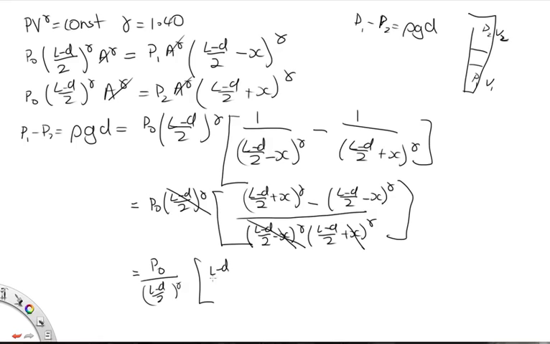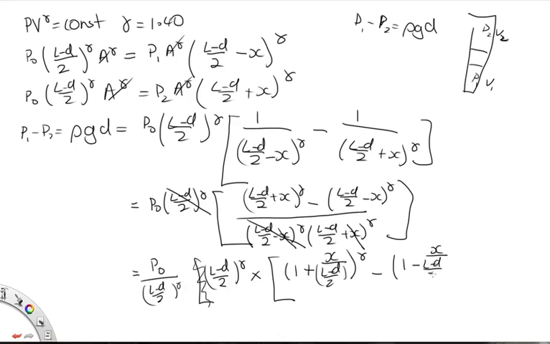So we've got (L minus D over 2) to the gamma times, this is (1 plus X over L minus D over 2) to the gamma minus (1 minus X over L minus D over 2) to the gamma.